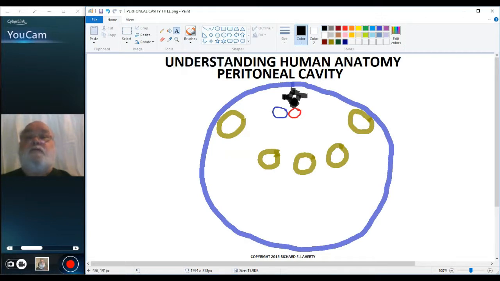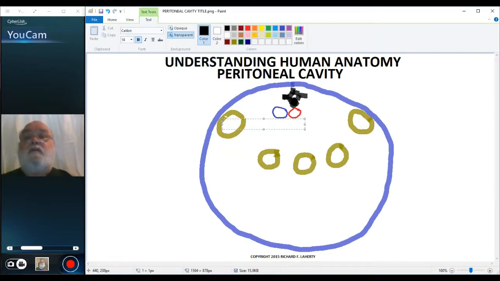And over here for the ascending colon, we'll just use an AC to represent it. Descending colon, a DC to represent that. And the loops of small intestine, as I say, there's many more, but I'm just going to draw in a couple of them.